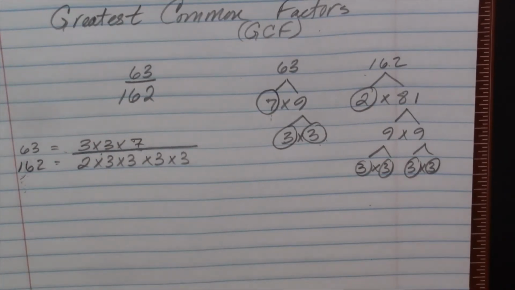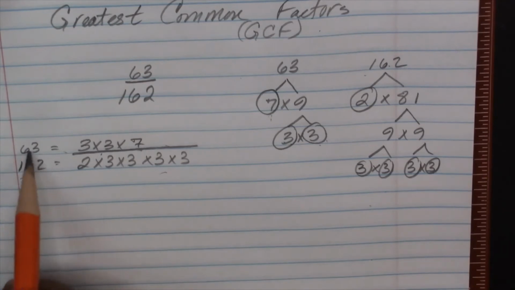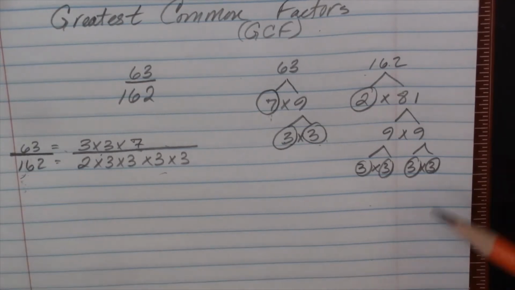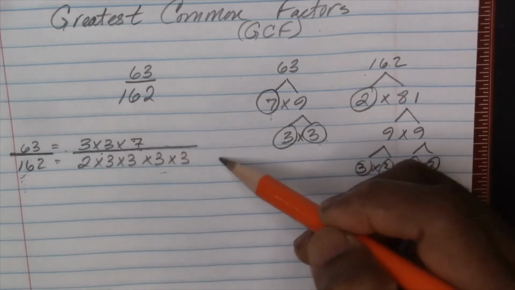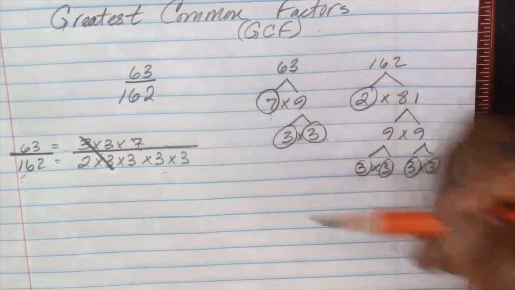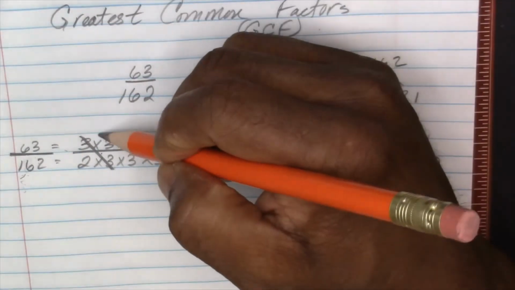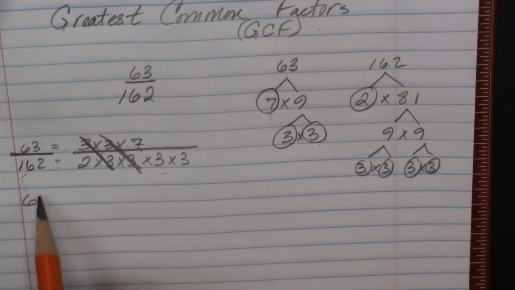and again, I believe in giving credit where credit is due, we can line them up as we did in the fraction. You notice I have the fraction set up over here. And so we know that we have a 3, and the division line, the fraction line, means divided by, so 3 divided by 3 is 1. So these cancel out and become 1. And 3 divided by 3 equals 1. And so we're left with 63 over 162.